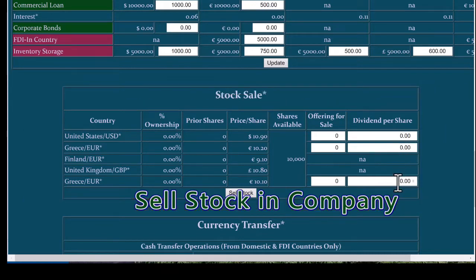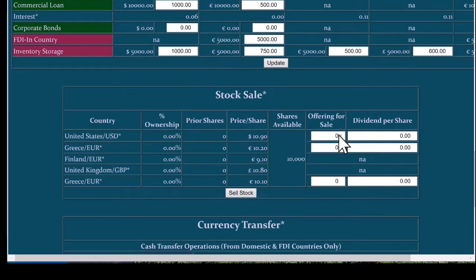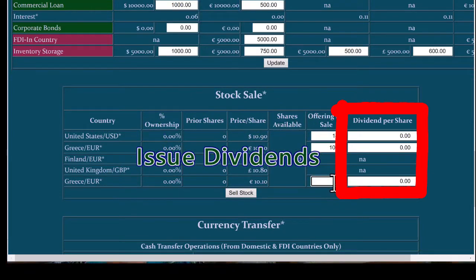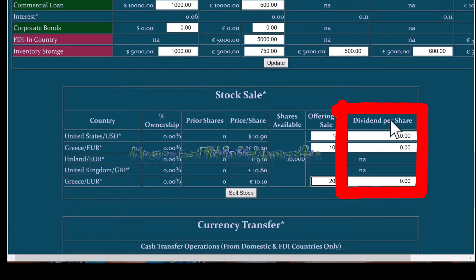You cannot do so in export countries. In addition to selling shares of stock at the stock price that's been designated in local currency, you can also issue dividends per share. Again, dividends should be issued only if there is sufficient cash in bank to cover the expense associated with issuing these dividends.